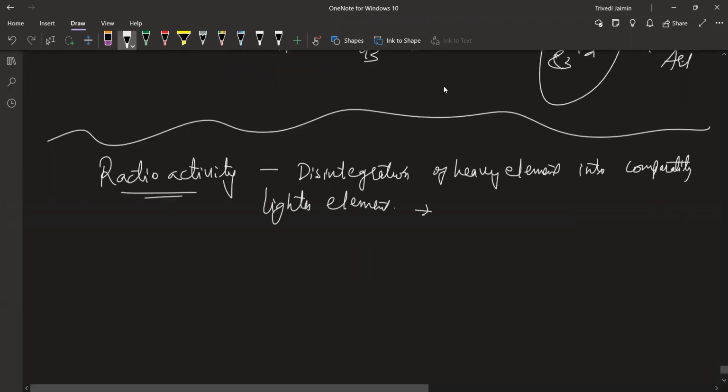That means emission of alpha, beta, and gamma radiation.